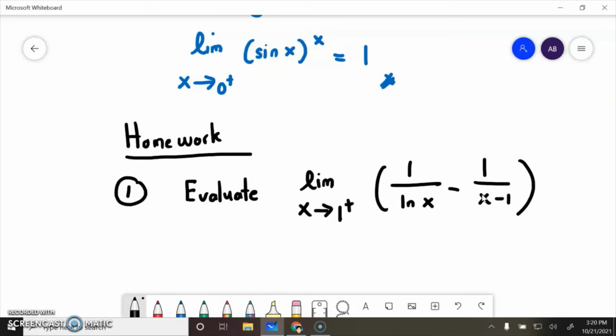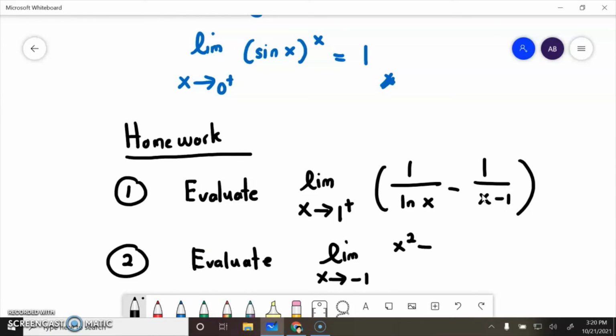Number 2: evaluate the limit as x approaches negative 1 of x squared over 1 over x plus 1.